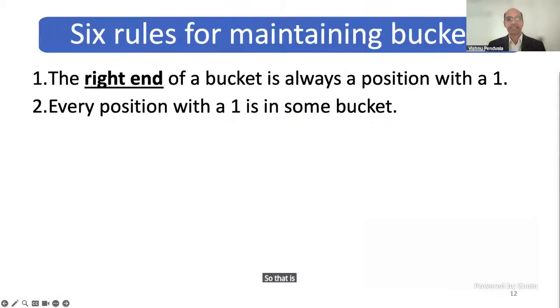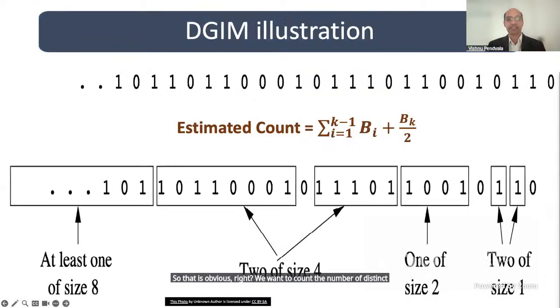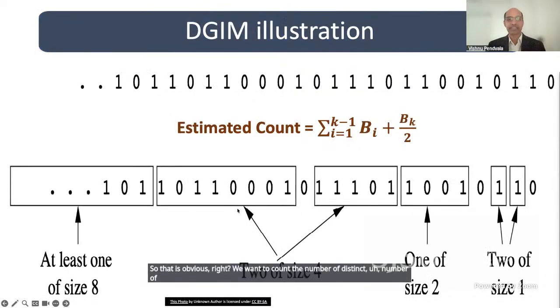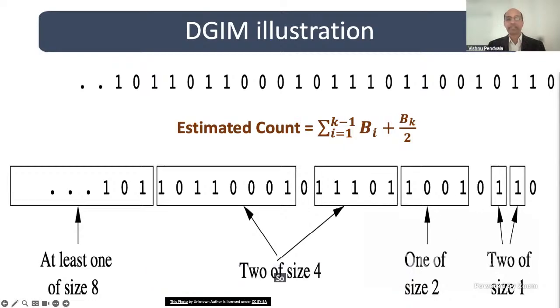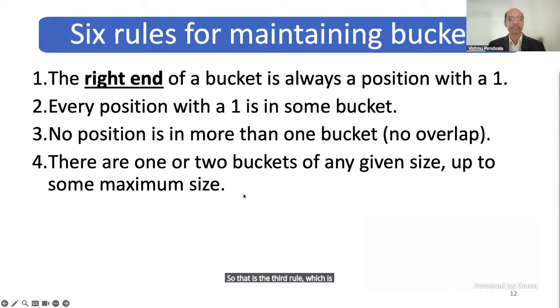So that is the second rule. No position is in more than one bucket. So that means there is no overlap. So that is obvious, right? We want to count the number of distinct ones. So obviously there should not be any overlap. So that is the third rule, which is quite intuitive.